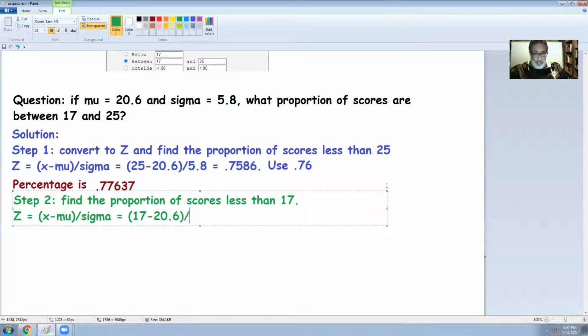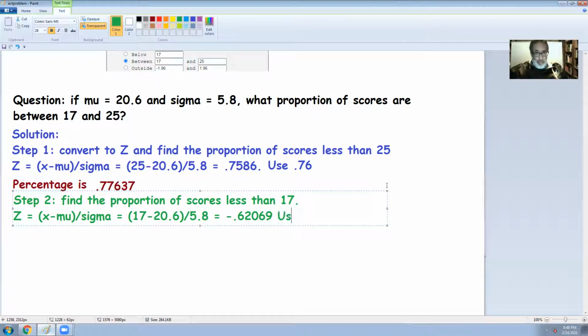Notice that's going to be negative because that's less than the mean. Hopefully I can read my calculator a little better this time. 17 minus 20.6 is negative 3.6, divided by 5.8, and we get minus 0.62069.